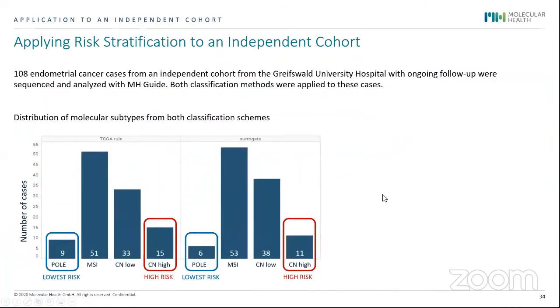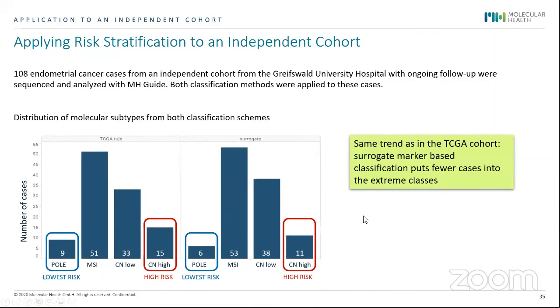These are the distributions that we get for the two classifiers. Similar to the TCGA cohort, the surrogate marker-based classification puts a little fewer tumors into the extreme classes, so a little less into POLE, a little less into the CN high class.